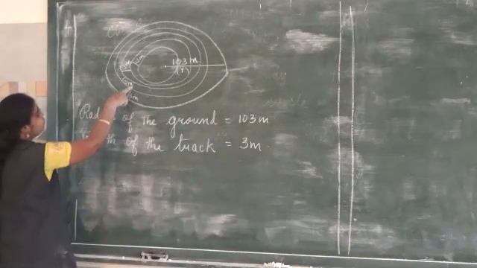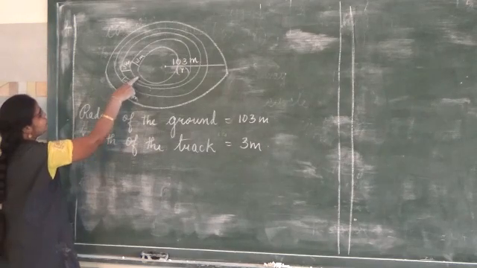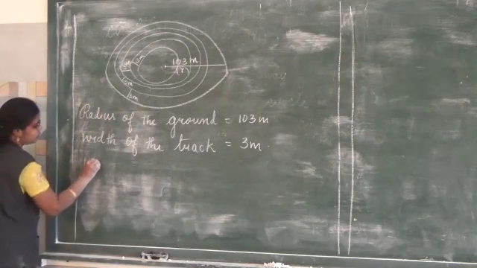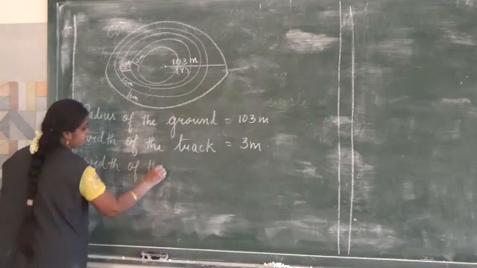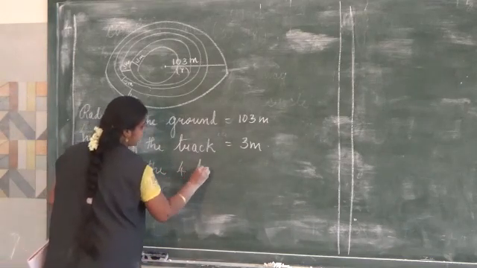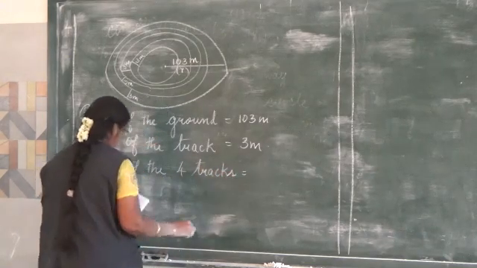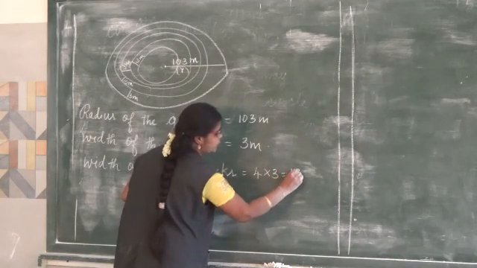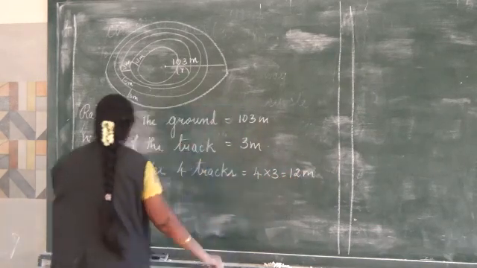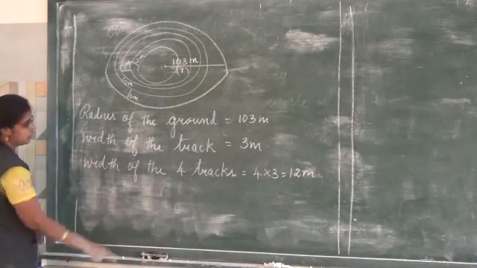So width of the 4 tracks. Here how many tracks are there? 1, 2, 3, 4. So width of the 4 tracks is equal to 4 into 3, so 12 meter. So 12 meter is the width of the tracks.